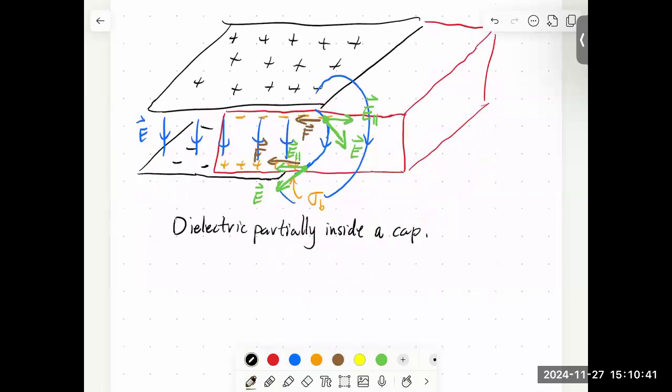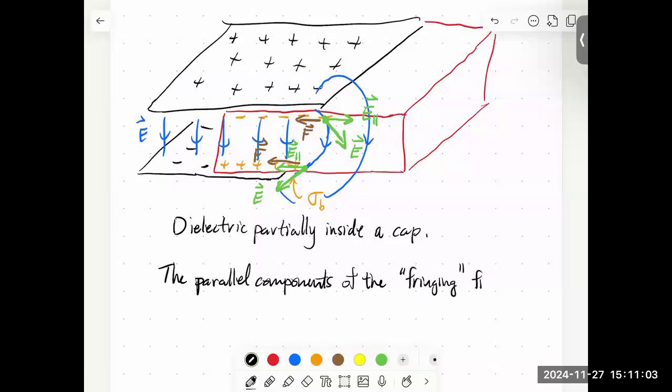Because it's a positive bound charge. Yeah, that's right. So the parallel components of the fringing fields push the dielectric into the capacitor.